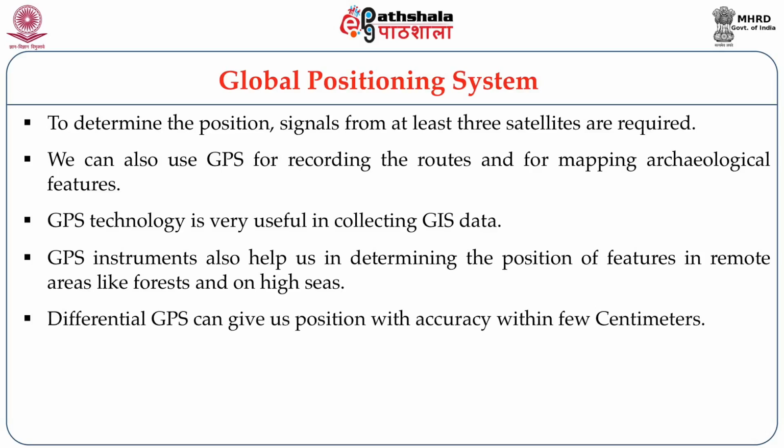But if we use differential GPS, we can get accuracy within a few centimeters also. That means the advanced GPS systems have an accuracy of up to a few centimeters. So the GPS system is a very useful and very accurate system to determine positions.